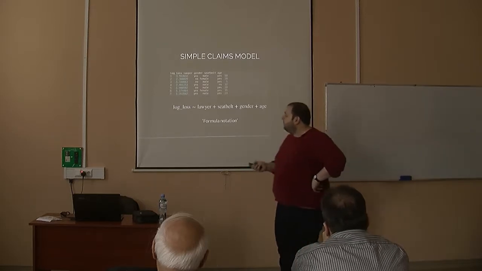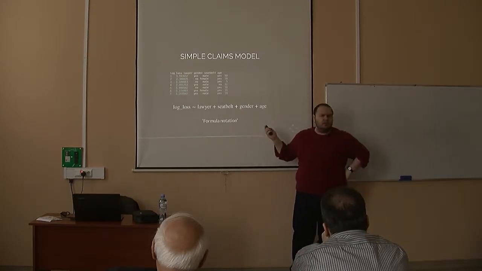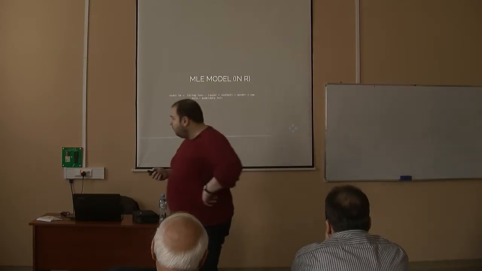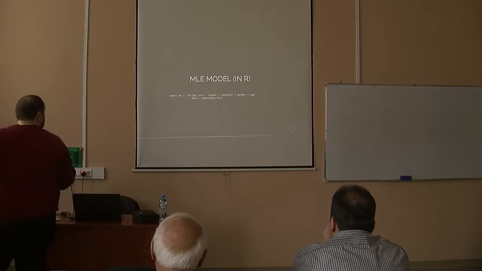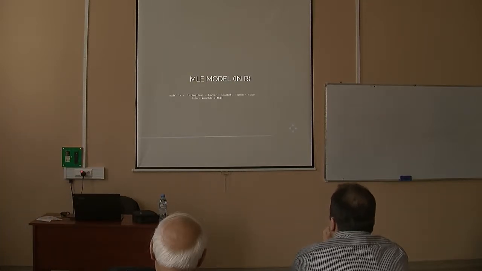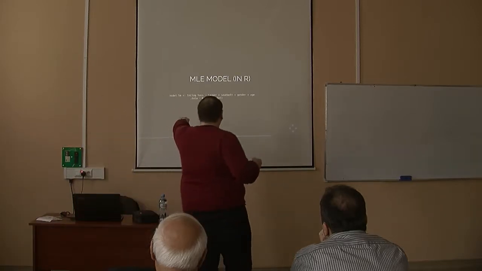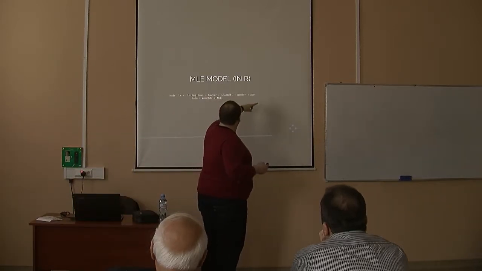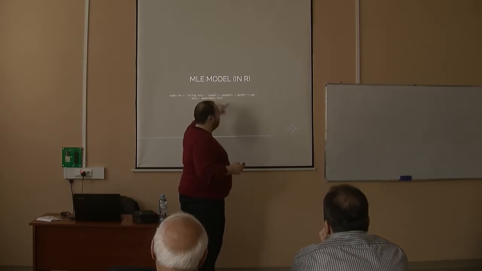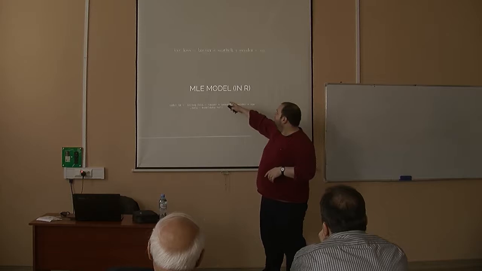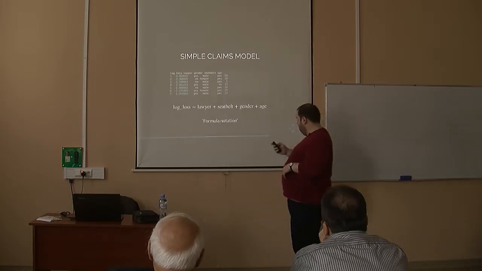Right. So everyone's familiar with that, I'm assuming? So how do we do this in the real world, in standard R or Python with OLS models? Can everyone see that? It's a little bit small. We have model equals lm, so we're fitting a linear model: log loss tilde lawyer, seatbelt, gender, age. We pass in the data, which I have as model data tibble, and that's the table that we saw previously. Then we fit the model.